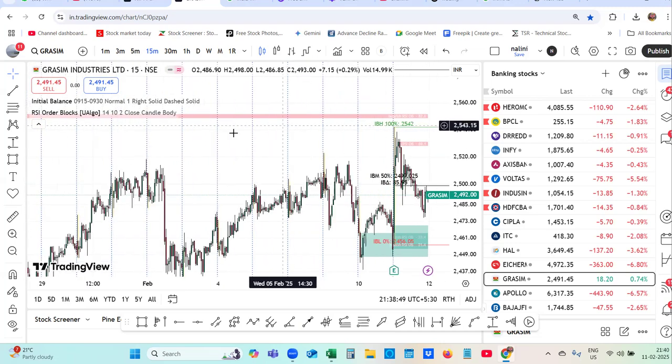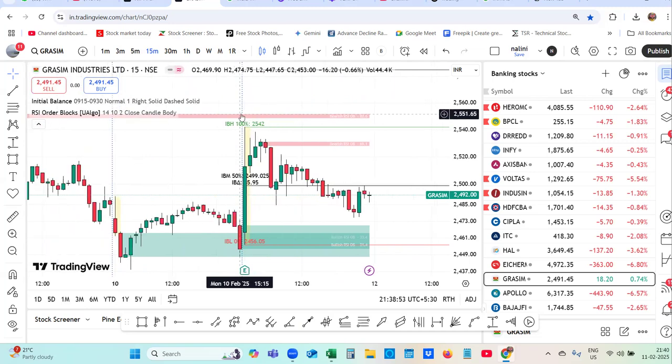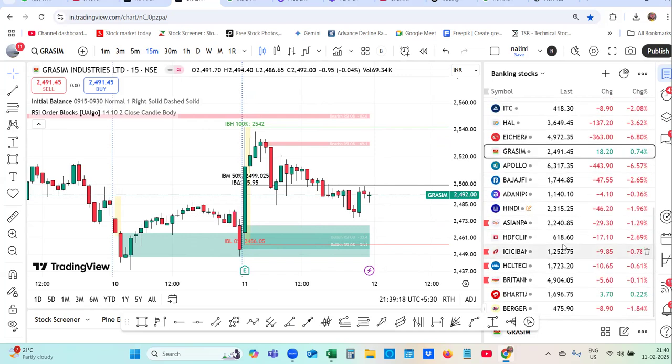That means sellers dominated here, and it cautions you not to go further. Some people will enter the market very late, seeing this bullish candle, and will get trapped. Though the order blocks caution you, and since it was a wide initial balance, the price stayed within this range in Grasim Industries. Like this, you can utilize it and trade.